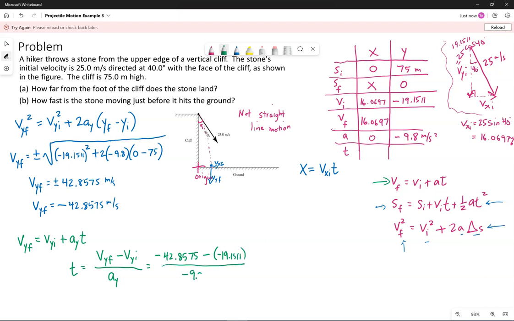So again, positive and negative signs are describing direction. So negative for downwards. So plugging this through, I'm finding our time to be 2.419 seconds.